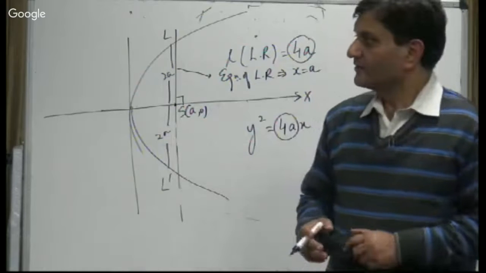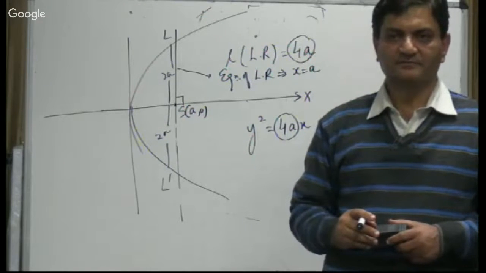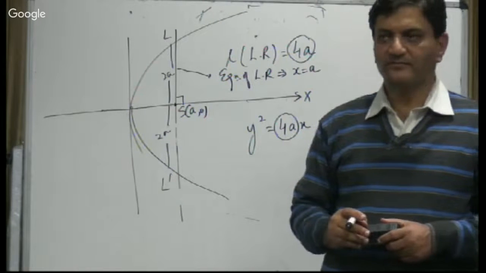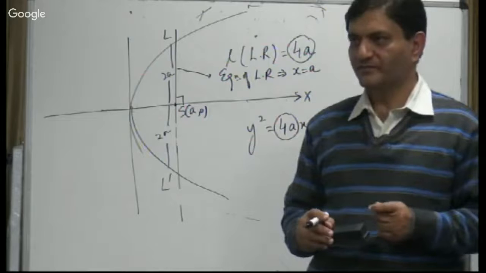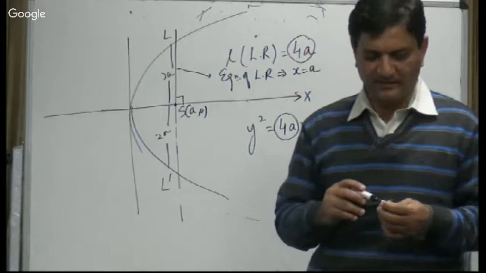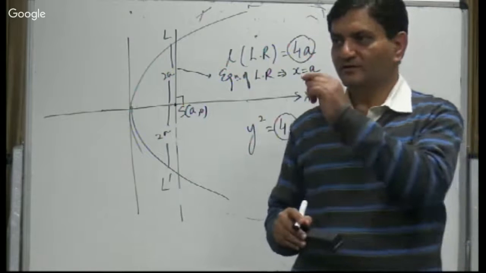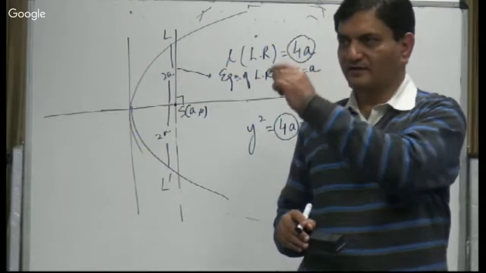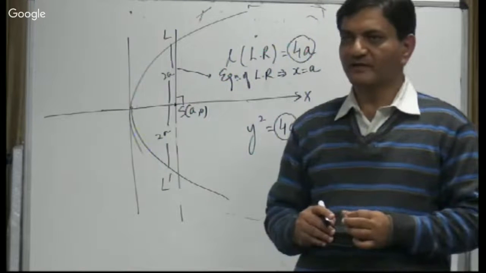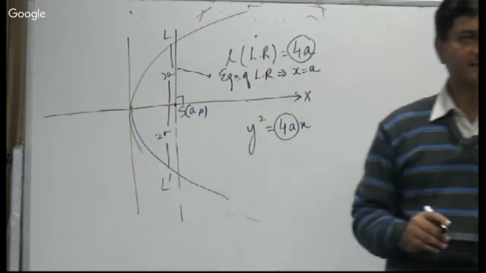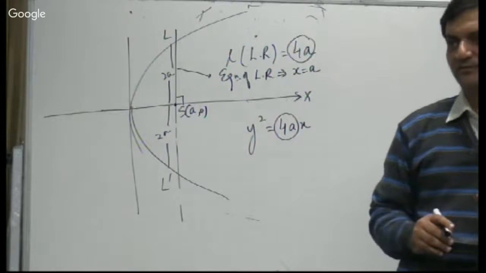Now, what are conormal points? From a point outside a parabola, you can draw three normals to it. The feet of the perpendiculars are known as conormal points. There is a property of conormal points that the sum of the y coordinates of the three conormal points will be equal to 0.